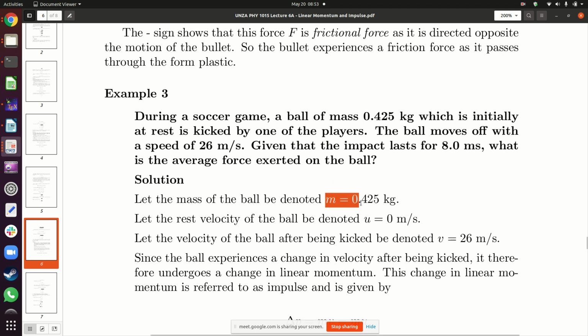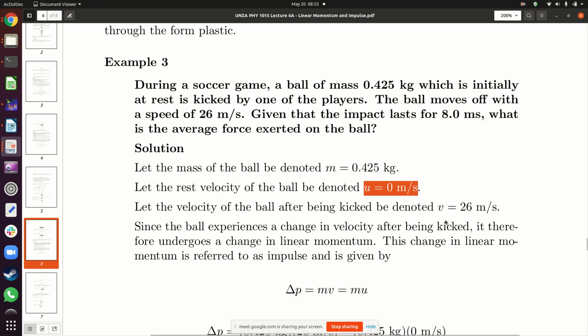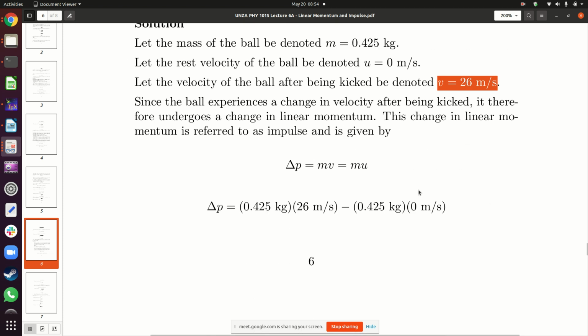So we know the mass of the ball is 0.42 kg. The initial velocity of the ball, at rest, is 0 meters per second, and the final velocity after the ball has been kicked is 26 meters per second. So immediately after the ball is kicked, this is the velocity of the ball. So we can find out what the change in momentum is. The change in momentum, delta P, is equal to the mass times the final velocity, minus the mass times the initial velocity.